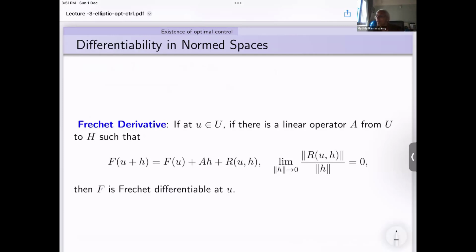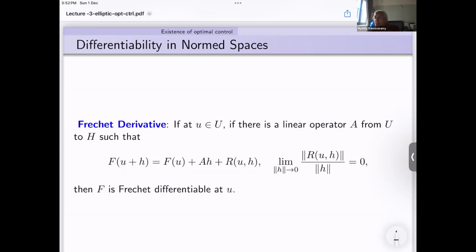If at u in capital U, there is a linear operator capital A from U to H such that f of u plus h is given by, something like a Taylor's approach, f of u plus a linear operator acting on h plus a remainder term, where the remainder term should satisfy this estimate: the limit as norm h goes to 0 of the norm of R(u,h) by norm h should be 0.